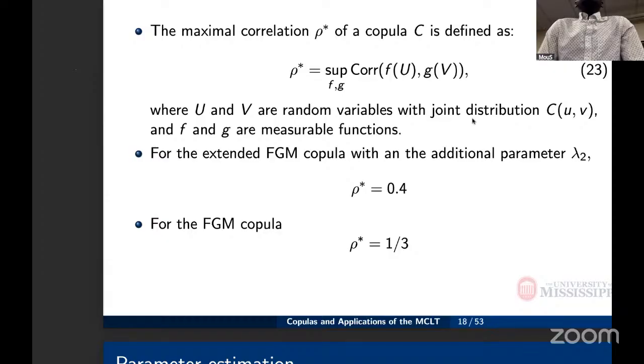Is there any other correlation which is better for the copula than the maximal correlation? There are many measures. I didn't present them here because I wanted to keep it short, but there are many, such as Spearman's rho and Kendall's tau, and we use them to compare copulas among themselves.